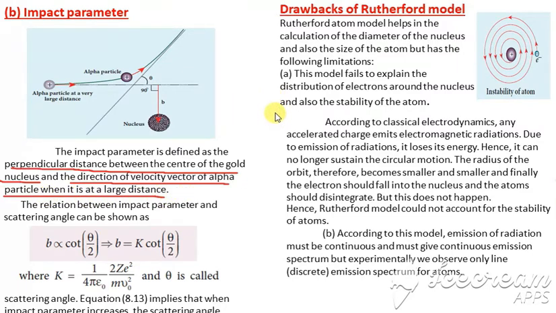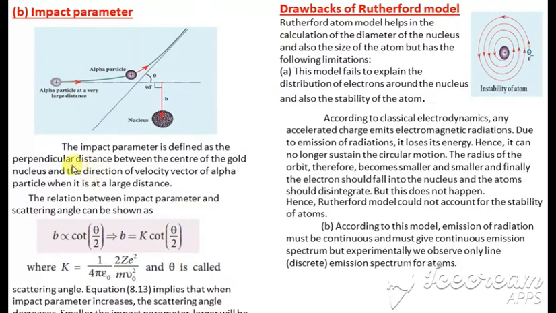So the perpendicular distance from the center of the gold nucleus to the direction in which the particle travels at large distance is the impact parameter.